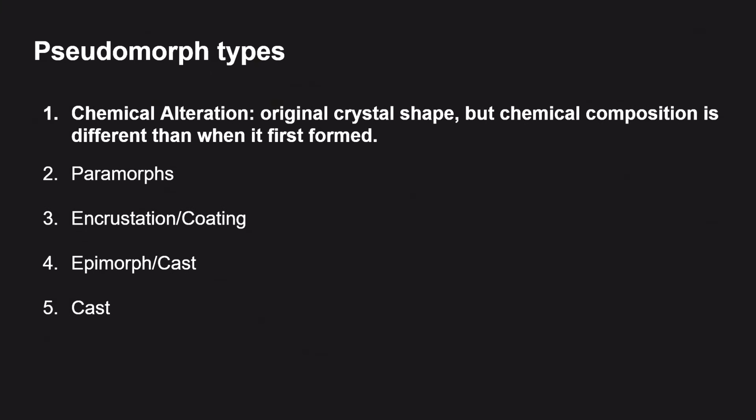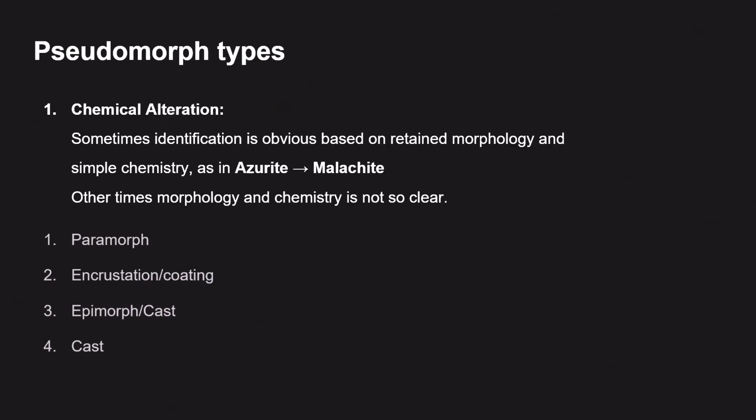So the first type of pseudomorph that I'll be talking about is the chemical alteration type. And this is the type where the original crystal shape is retained, but the chemical composition of the mineral is different than it was when it was first formed. So sometimes it's very easy to identify what the original mineral was based on retained morphology and the simple chemical change.